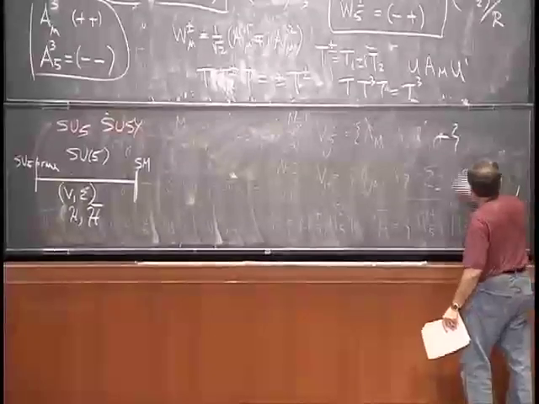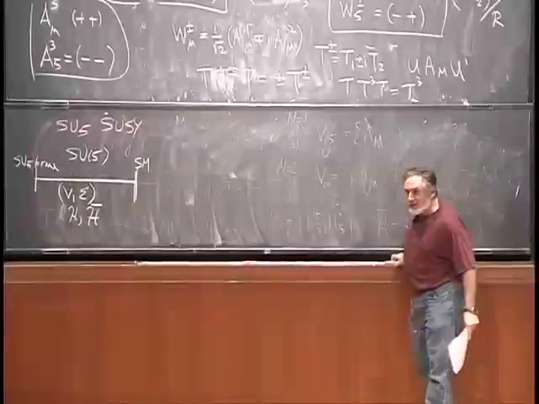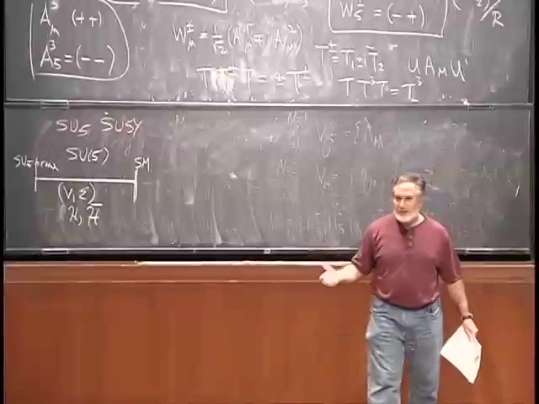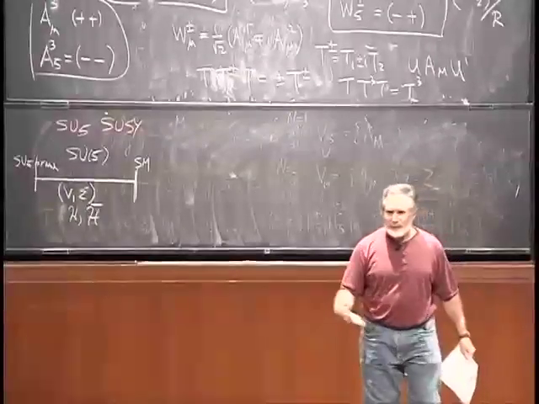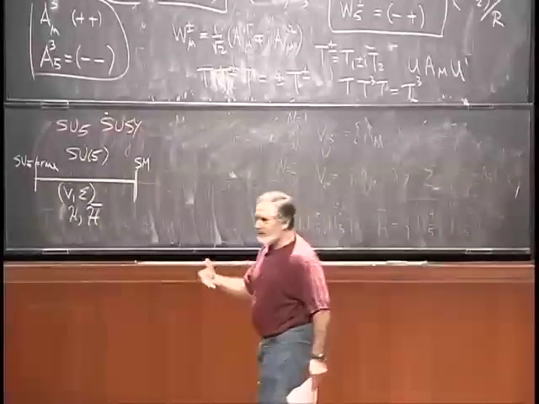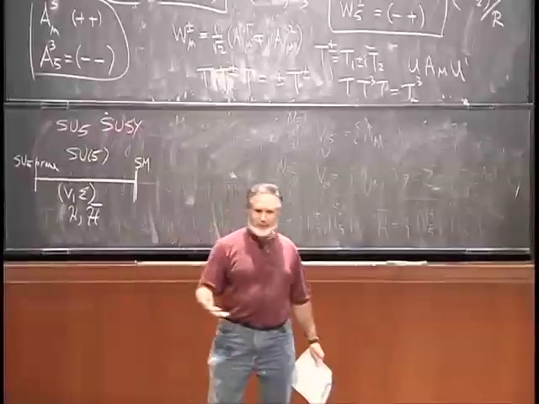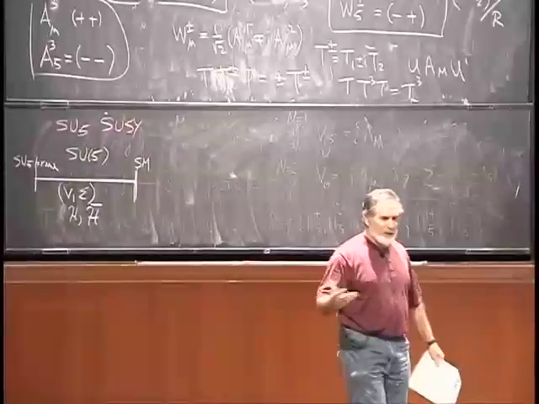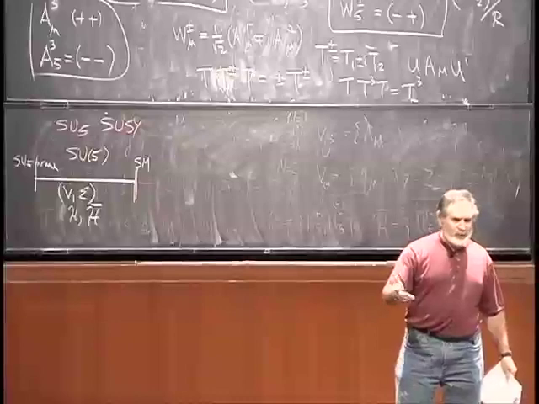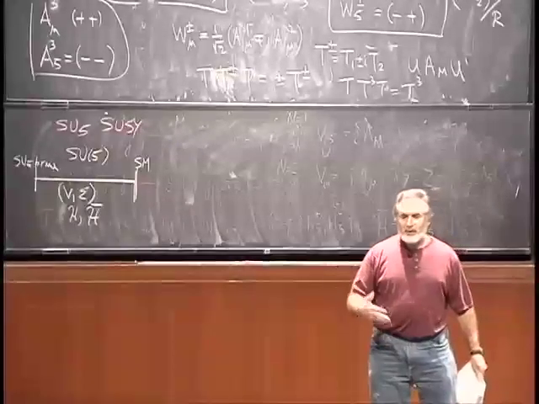You see, now we've done GUT symmetry breaking by orbifolding. So we didn't have to put in a Higgs sector of the theory to do GUT symmetry breaking. We've done doublet-triplet splitting by orbifolding. So we didn't have to put in a horrible gauge sector or Higgs sector which does that.